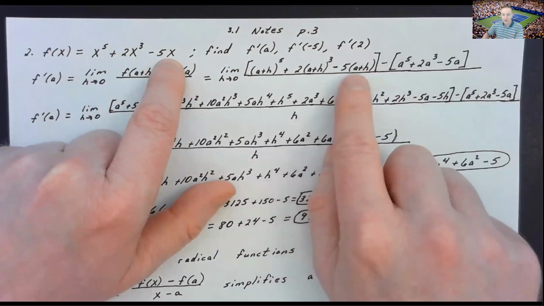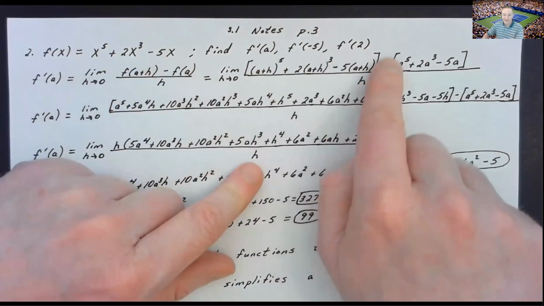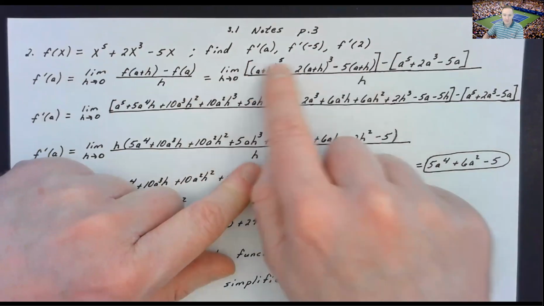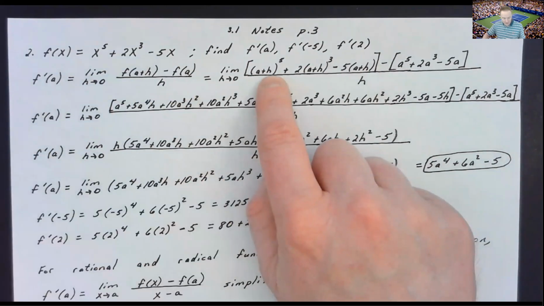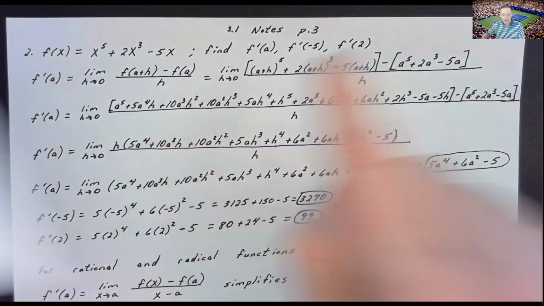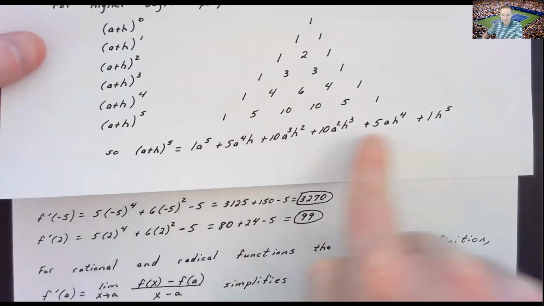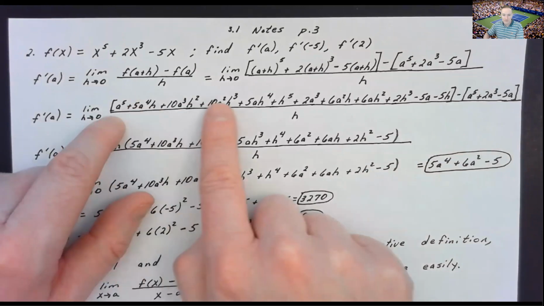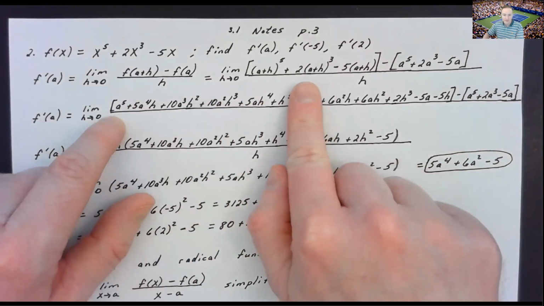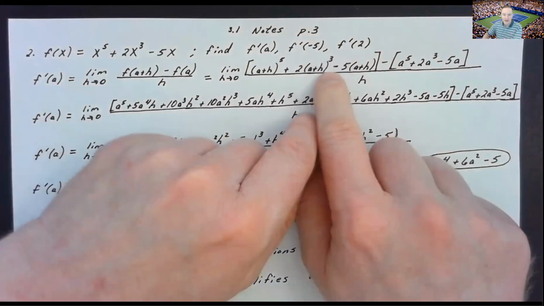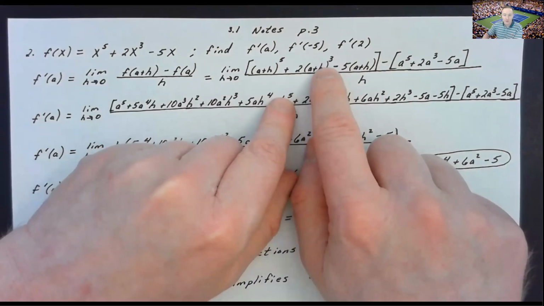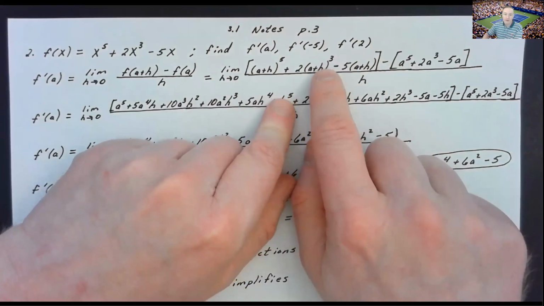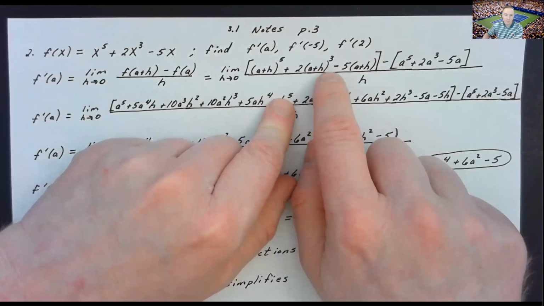Now, the bulk of the work in this problem is expanding each of these terms out. The a plus h to the 5th is what we did on the preceding page, so you can just pull that in. Now, I know that a plus h cubed is a cubed plus 3a squared h plus 3ah squared plus h cubed.